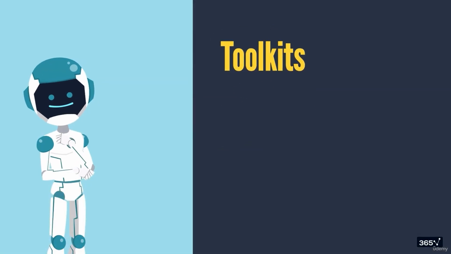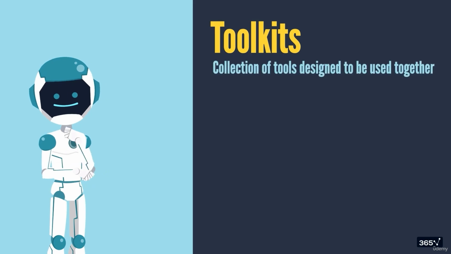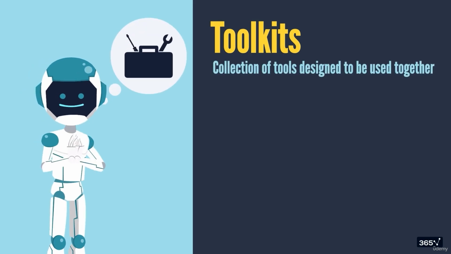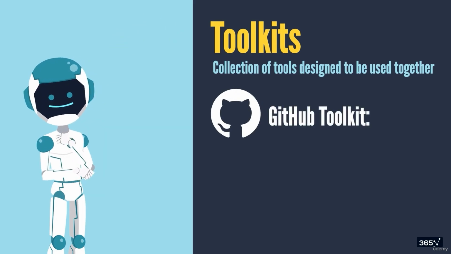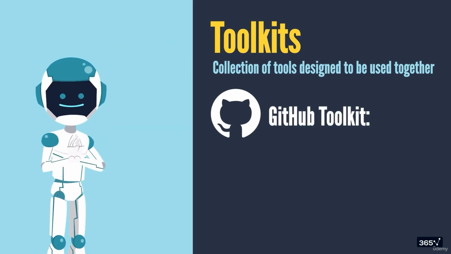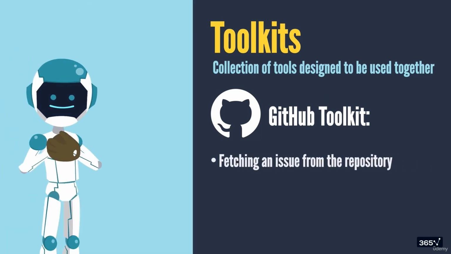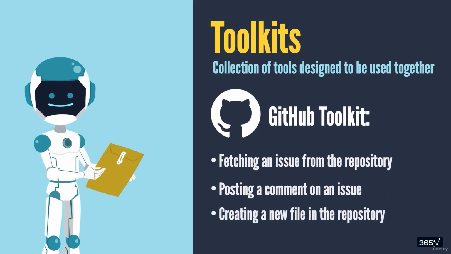Next in line are toolkits. These are a collection of tools designed to be used together, kind of like in a regular toolkit. For example, the GitHub toolkit is equipped with several tools, some of which include fetching an issue from the repository, posting a comment on an issue, or creating a new file in the repository.